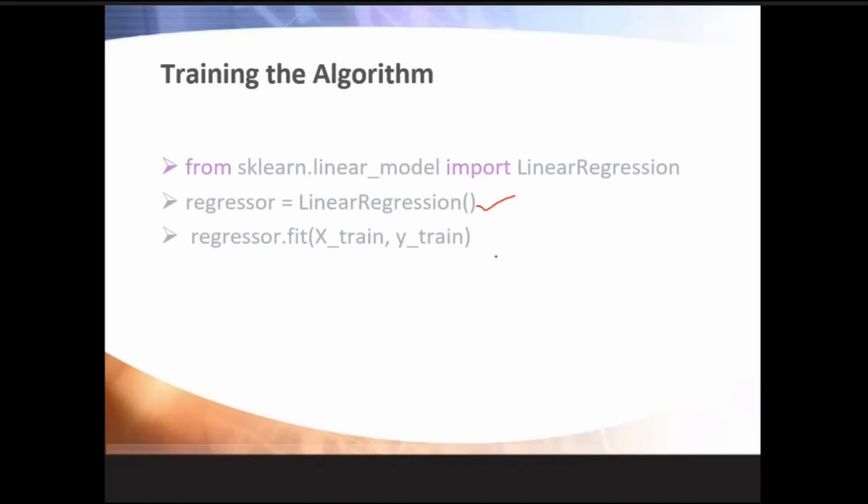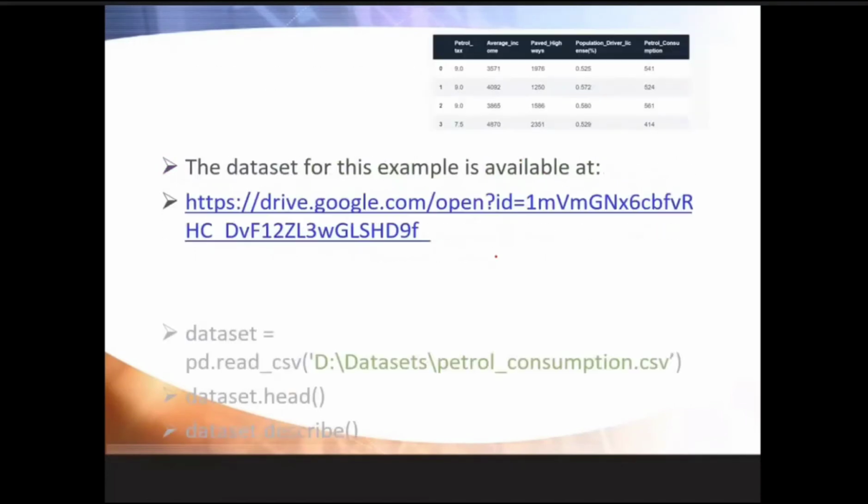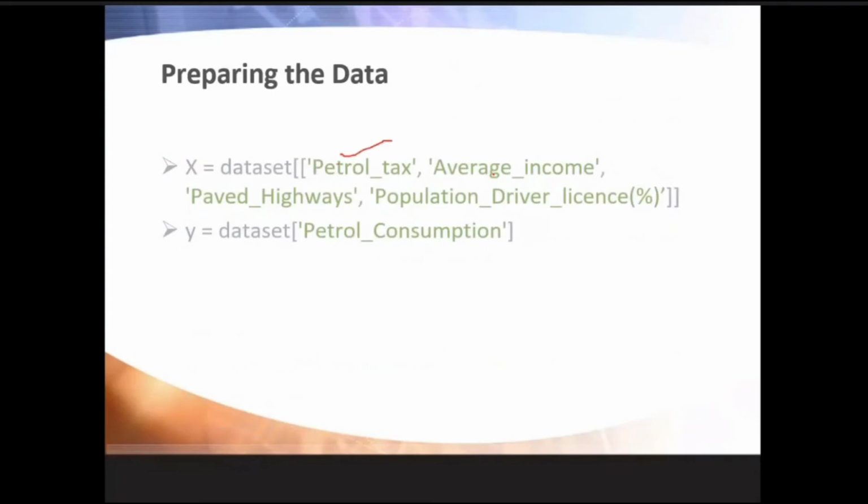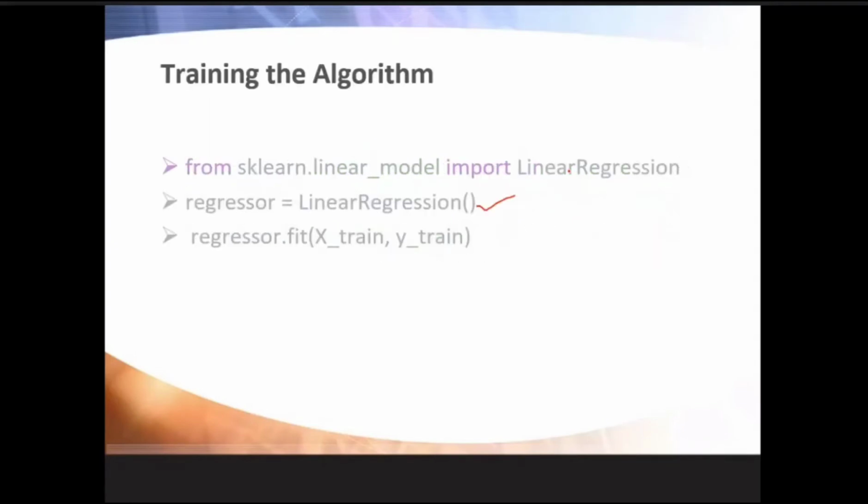Nothing was changed. The same linear regression, but the one and only change is the X value. We are giving 4 columns, but all other things are similar to linear regression. You are only giving multiple values as input for X. So now linear regression is trained.